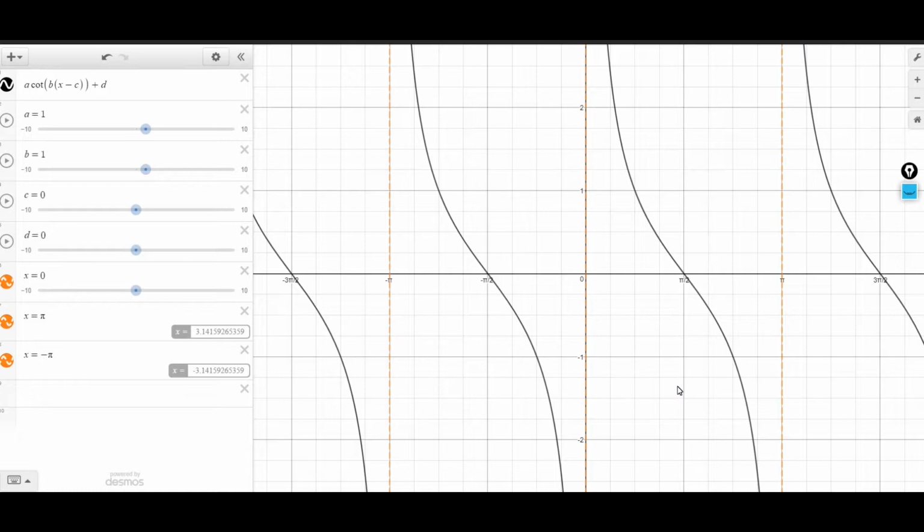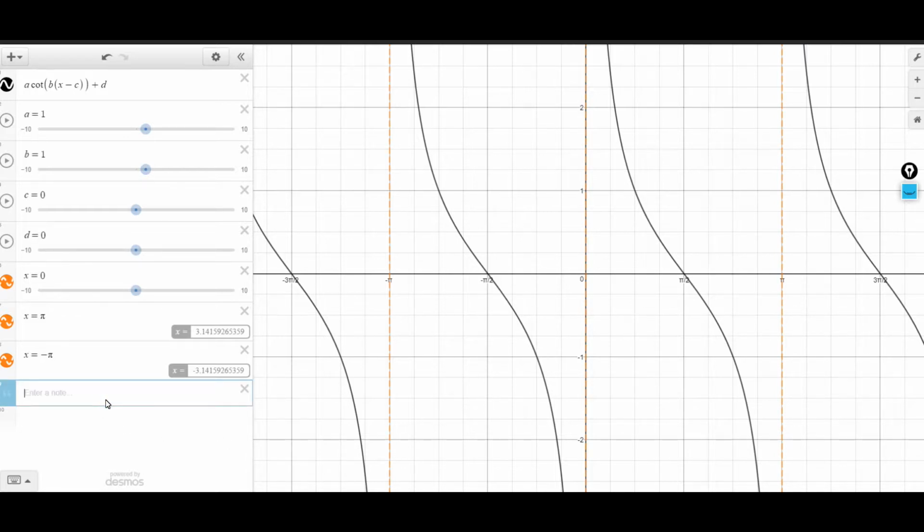I want you guys to then take a guess. I want you to pause the video. You should know which parameters create the shift in the asymptotes, or the need to shift.